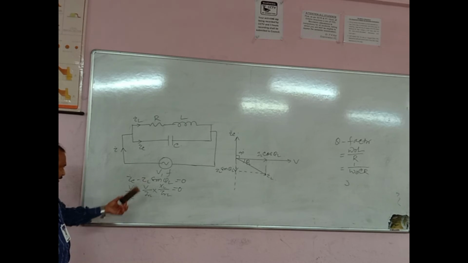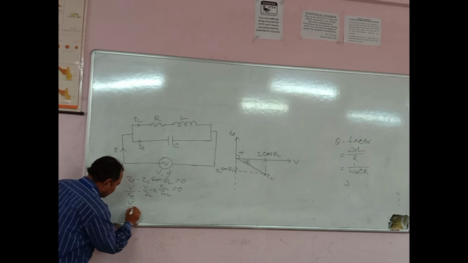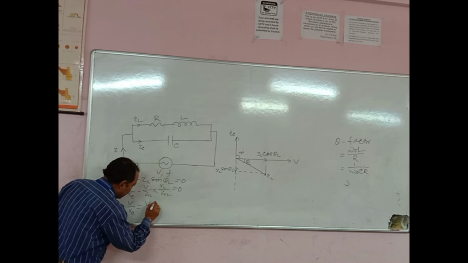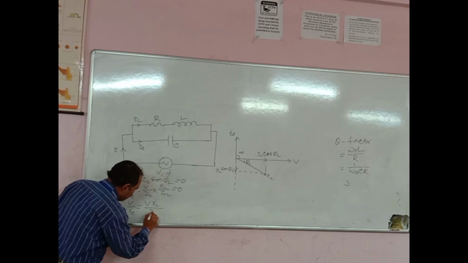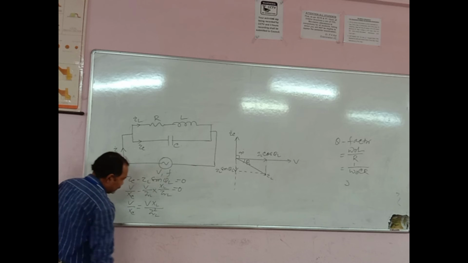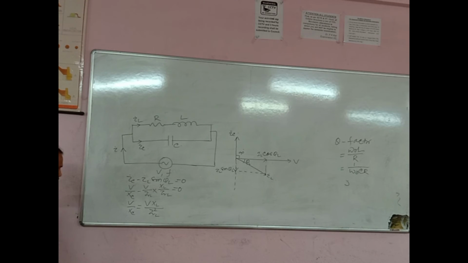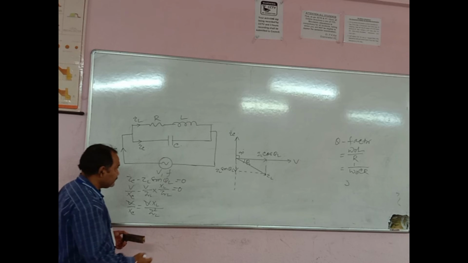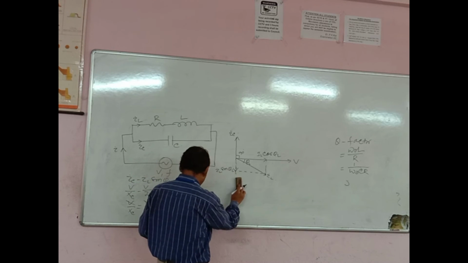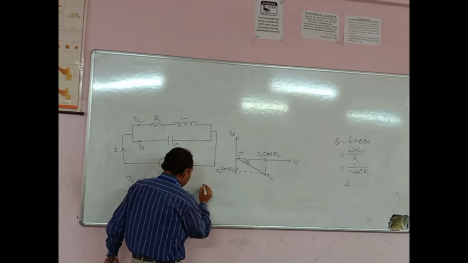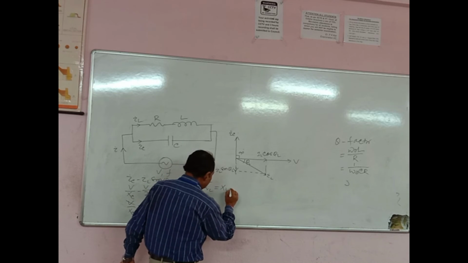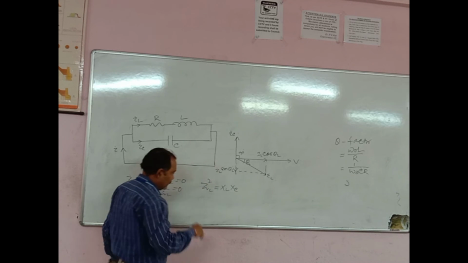Now the V will get cancelled, so V by XC is equal to V XL by ZL square. The V cancels, so therefore ZL square will be equal to XL XC.